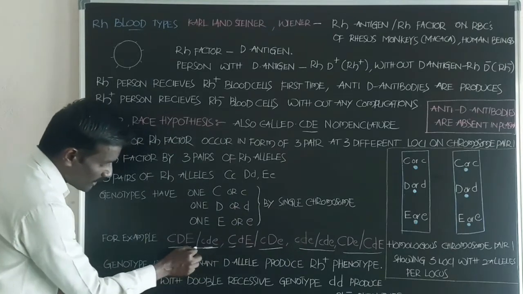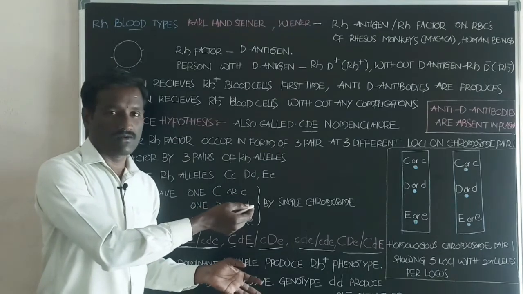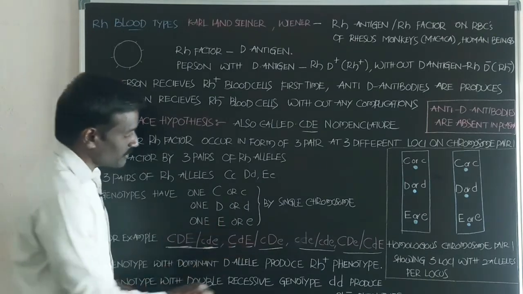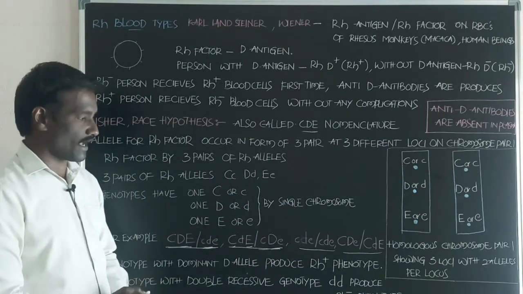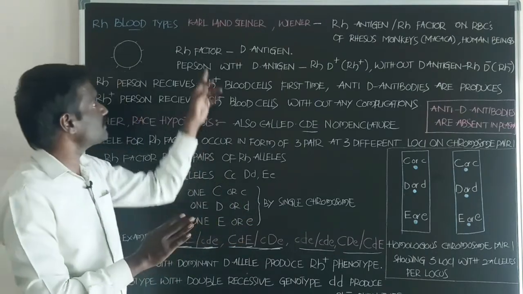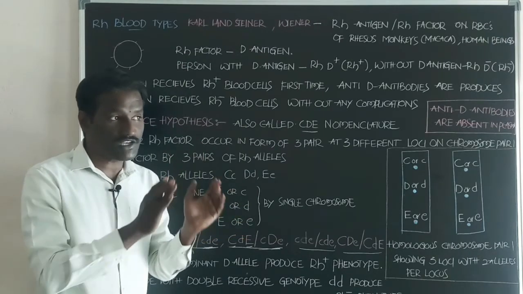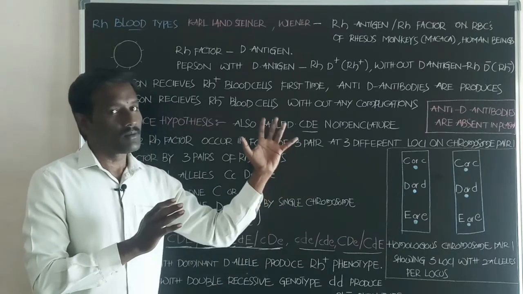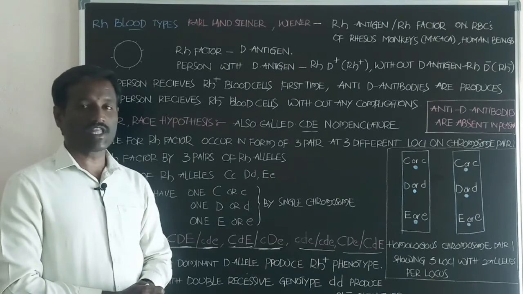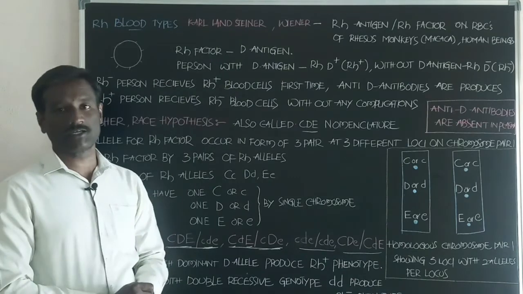Student, in these genotypes, which genotype causes the presence of the Rh factor in the individuals? Which genotype received from the parents in the next generation causes the presence or absence of the Rh factor?